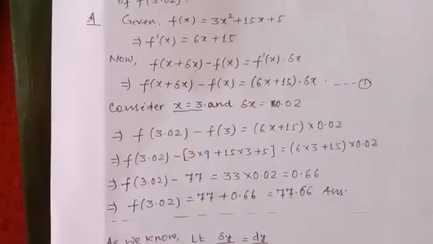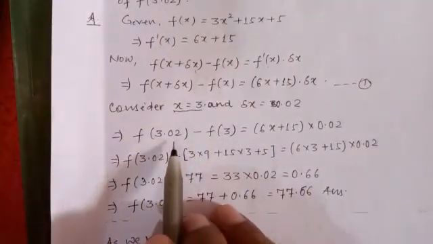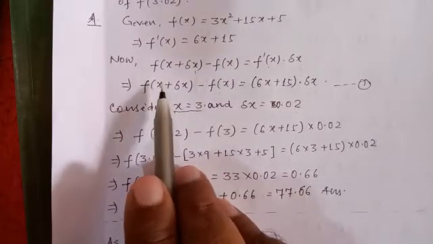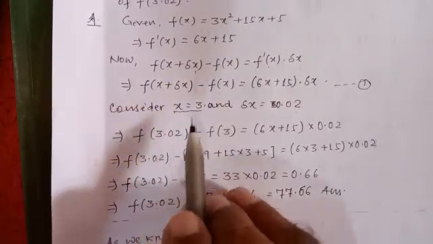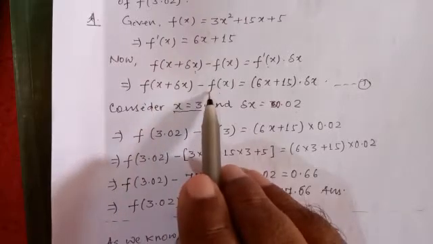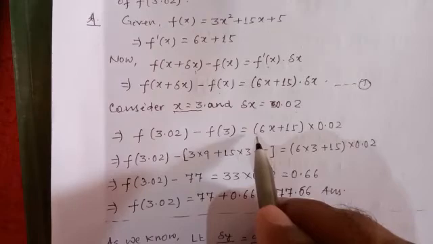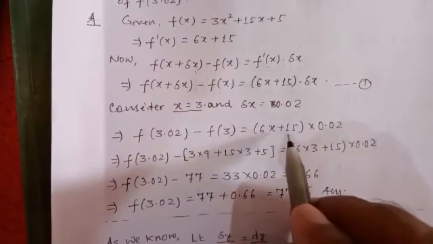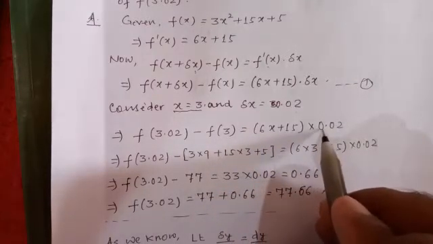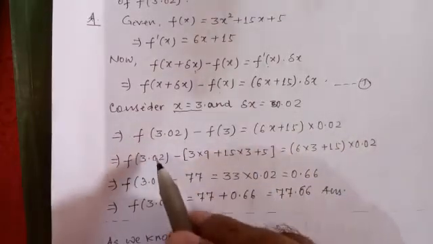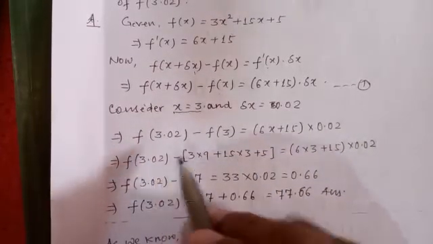So f(3.02), that is the value of x plus delta x, minus f(x), that is f(3), is equal to 6x plus 15 into 0.02. f(3.02) is already here.